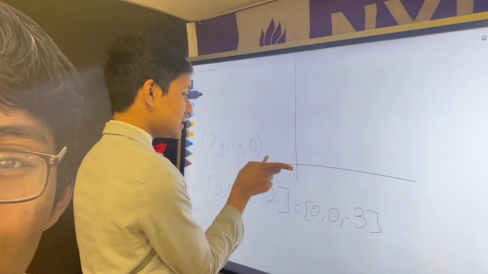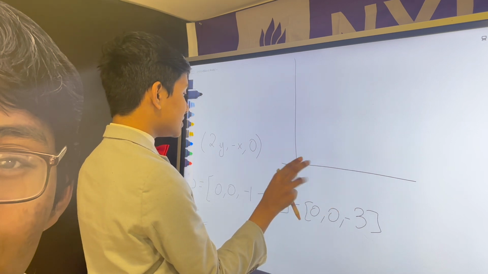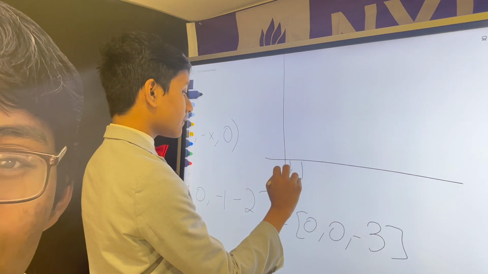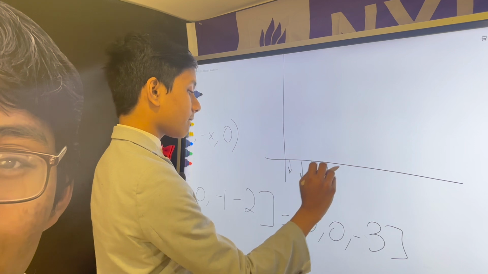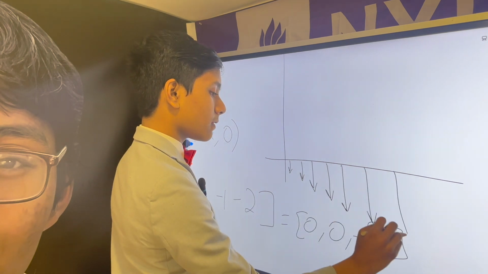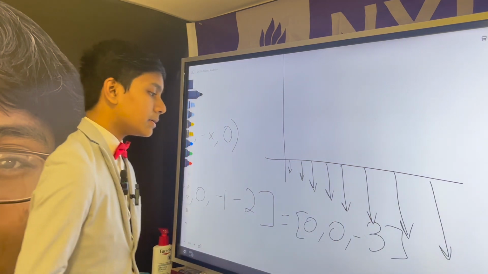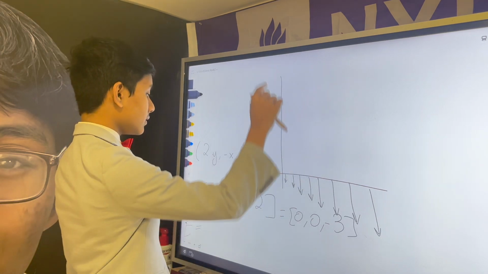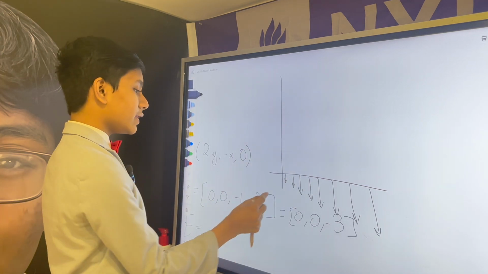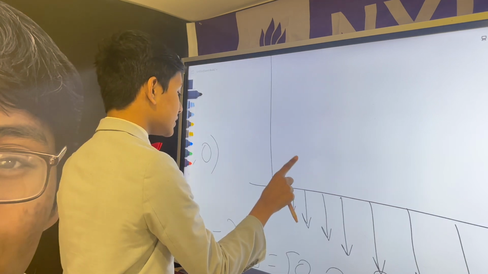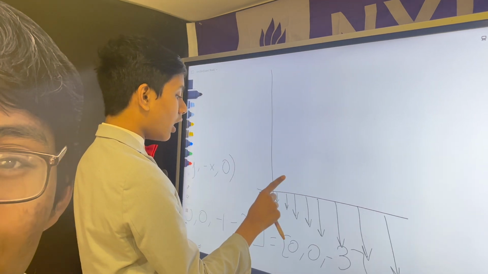Now if we increase in the x direction, we see the y direction increase. But if we increase in, well, technically decrease. If we increase in the y direction, we see the x direction increase by a lot.